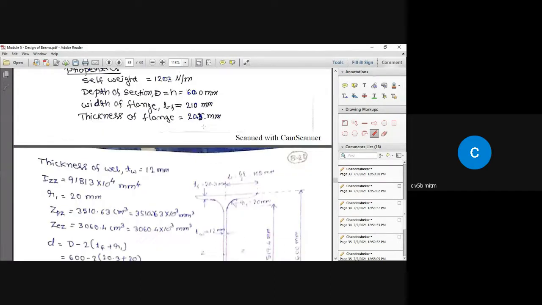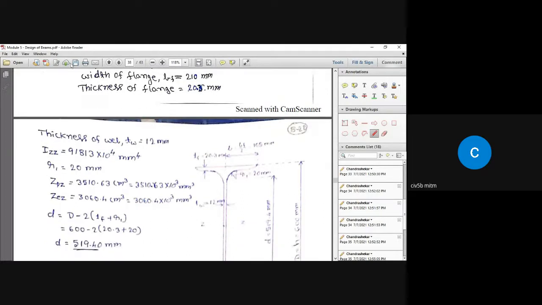So all those dimensions. Similarly, when you need the IZZ value, you can get that value from the steel table. Okay, not from the steel code book, it is not available.